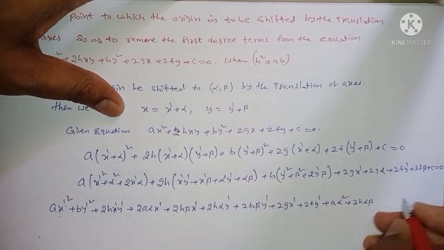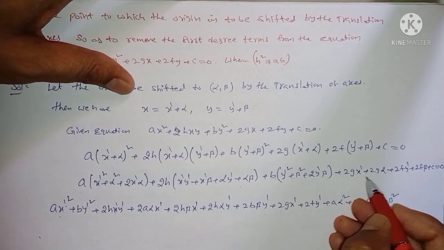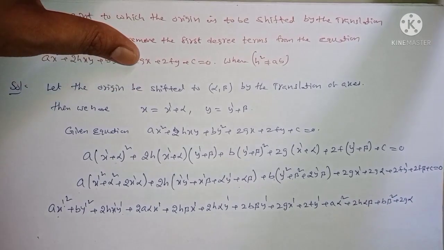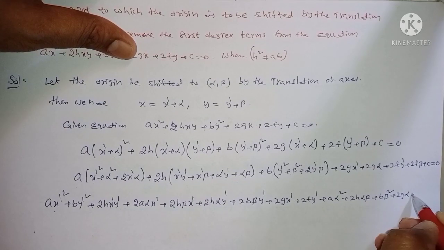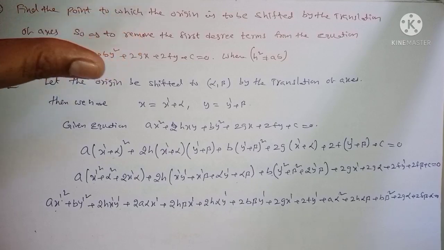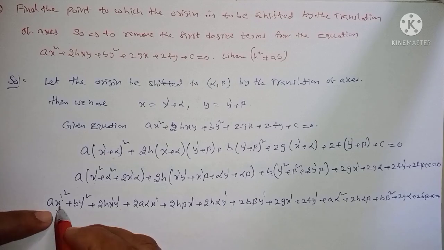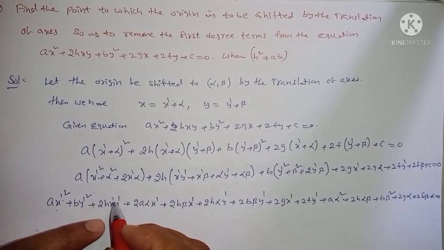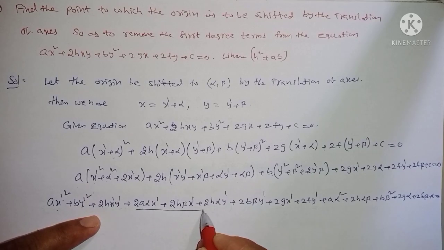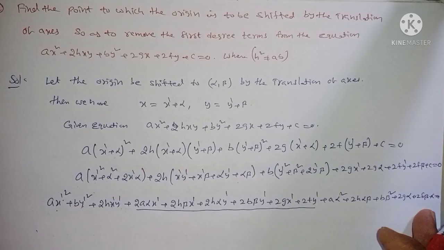In this you get b beta square, here 2g alpha, without x and y, next 2f beta plus c is equal to 0. Here the first degree terms... this is also second degree, this is also second degree, this is x into y, which is also second degree. The remaining terms are constants. There are no x and y terms.